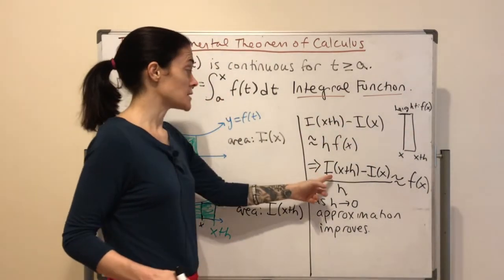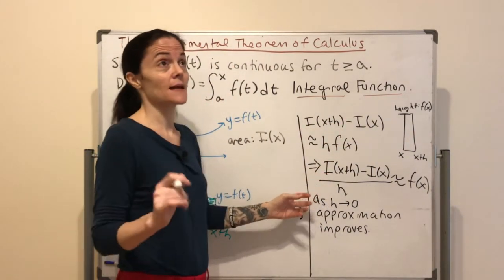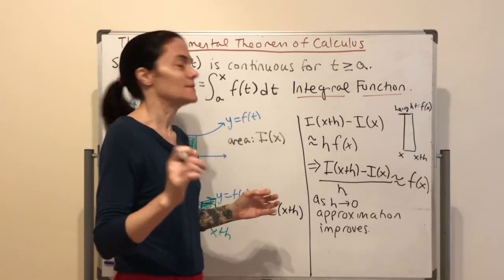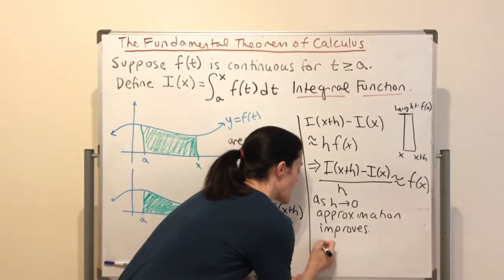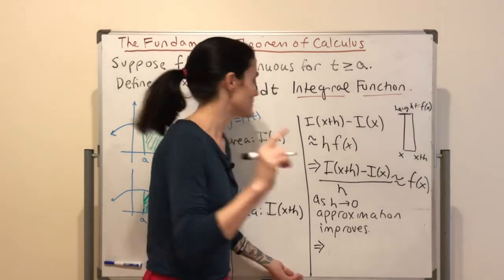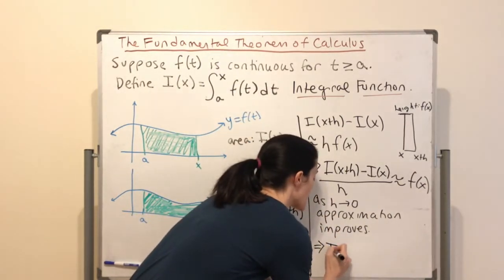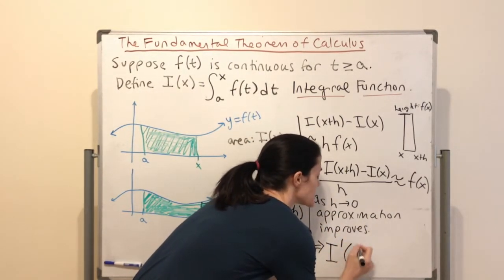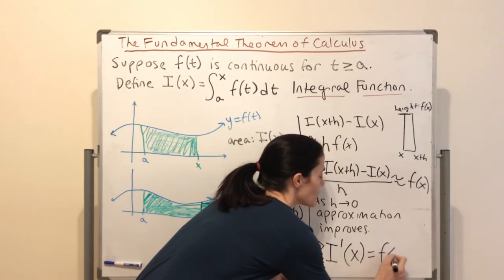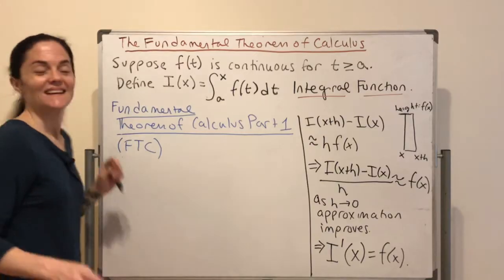And the limit as h approaches 0 on the left-hand side is the derivative. So we get, and I'm going to restate this in one moment, that I prime of x is little f of x.